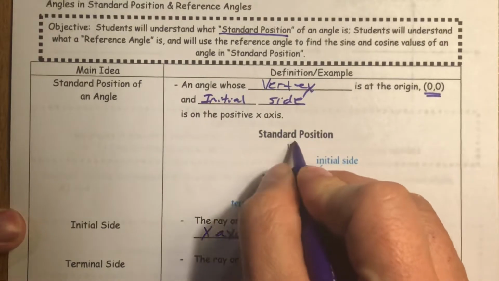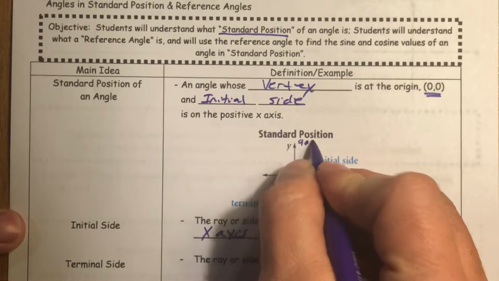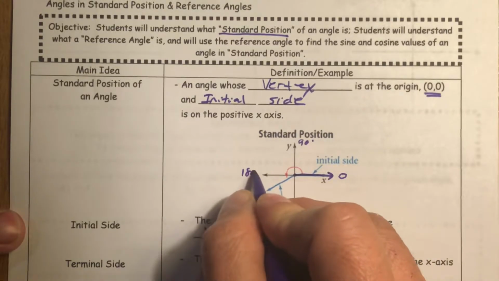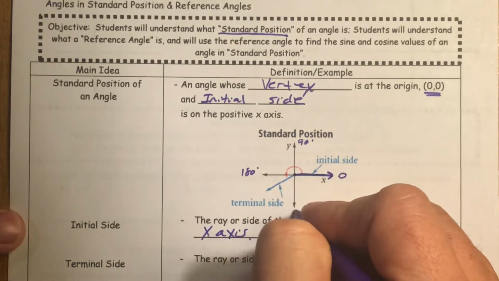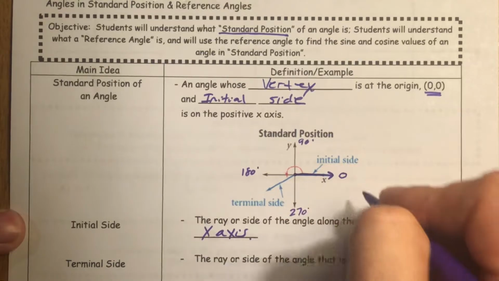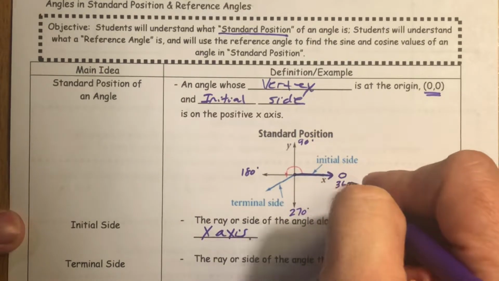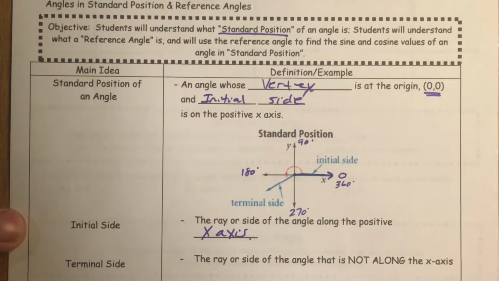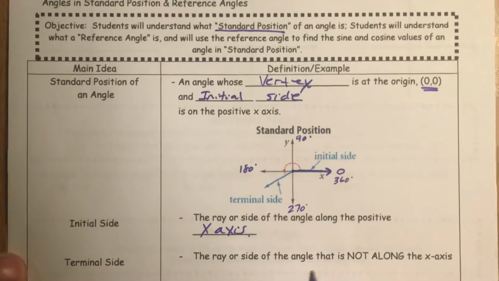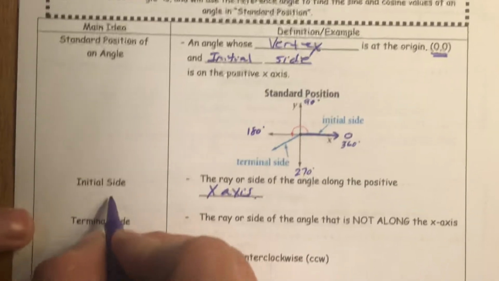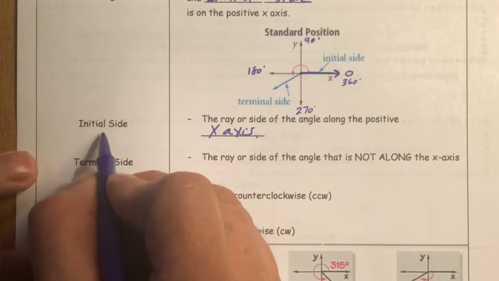If we travel up here, this is going to be 90 degrees, 180, 270, and all the way around is 360. This is the initial side right here.